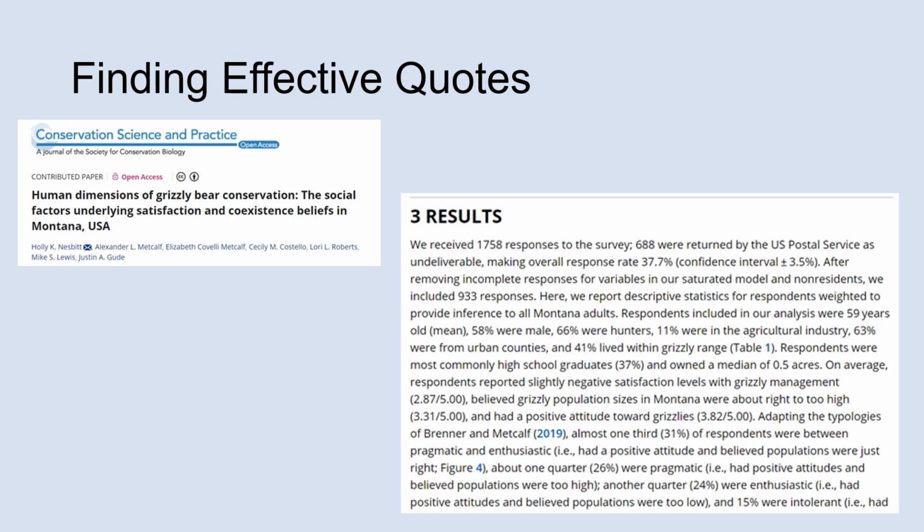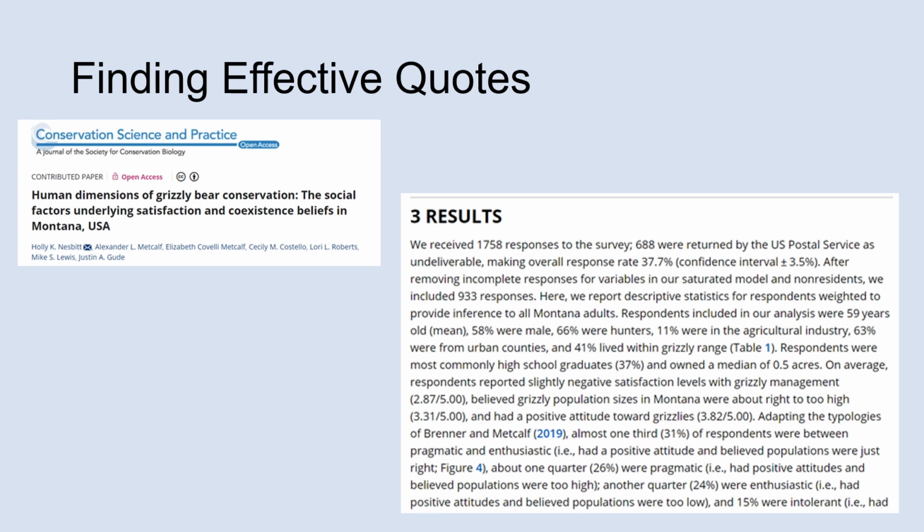And to give you an example of what that looks like, I have this article here, Human Dimensions of Grizzly Bear Conservation, Social Factors Underlying Satisfaction and Coexistence Beliefs in Montana, USA. And as you can see here, in the results section of the article, there's just this big block of numbers, percentages.